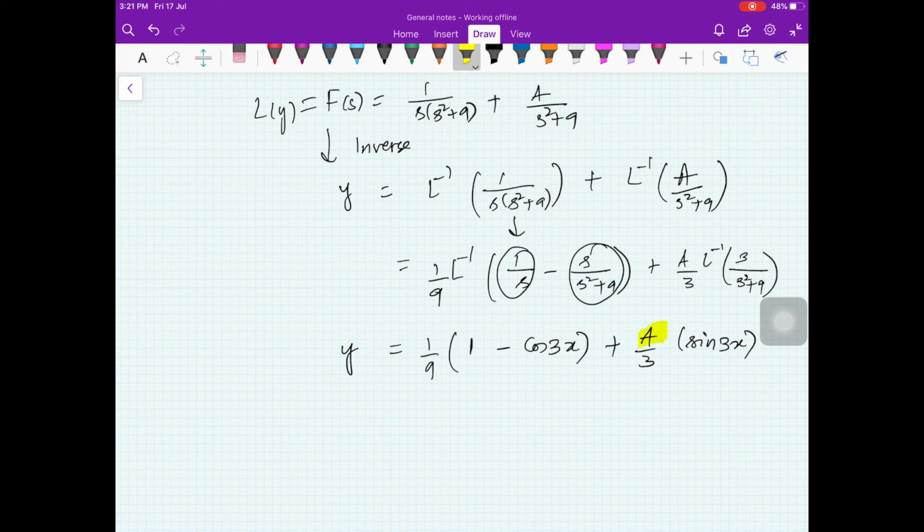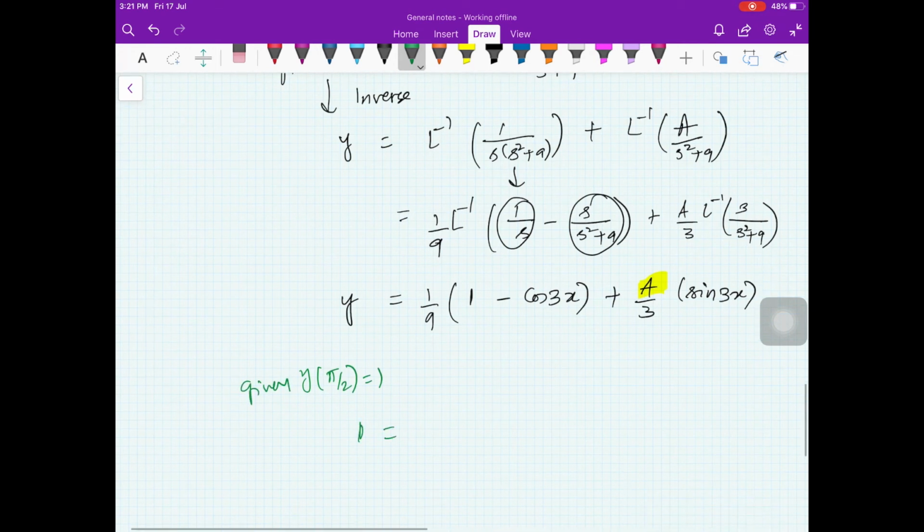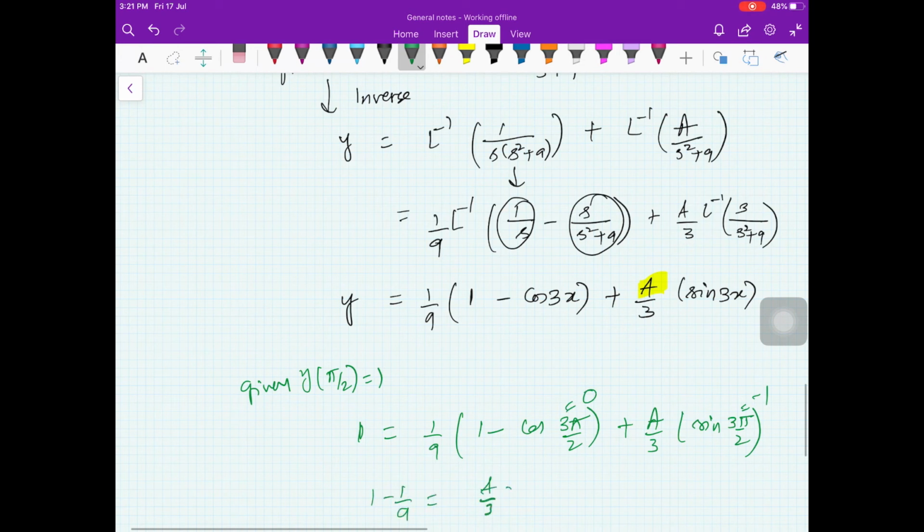Now we need to find out what this a is, right? For that you are given that y of pi by 2 is 1. So from there you can just put the values. 1 is equal to 1 by 9, 1 minus cos of 3 pi by 2, plus a by 3 sin of 3 pi by 2. Now cos of 3 pi by 2 is 0 and sin of 3 pi by 2 is minus 1. So you get 1 minus 1 by 9 is equal to a by 3 into minus 1.